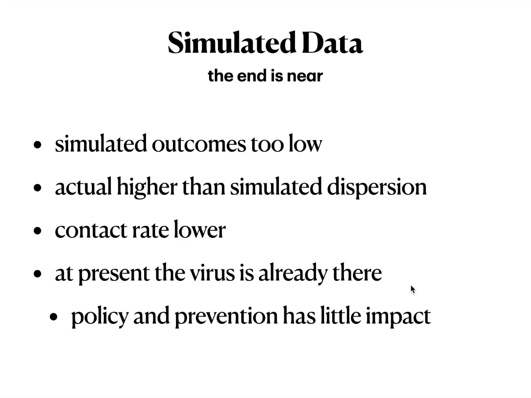The simulation starts when we got the first case in South Africa, and by now, in February of 2021, the virus has dispersed, with any sort of assumption on travel and the barriers that you put in place. The virus has sort of spread to the whole of the country. And you can't really prevent it. The virus is already there.